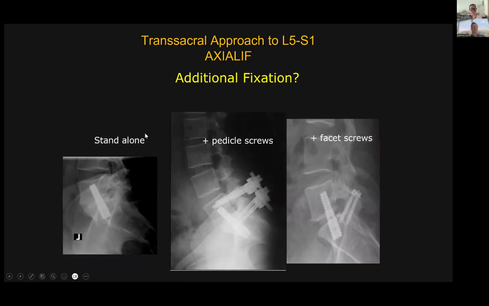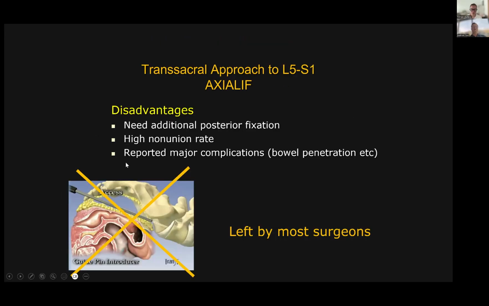However, standalone usage is not recommended, and you must additionally use pedicle screws or facet screws. It needs additional posterior fixation since it has a high non-union rate and reported major complications, exactly bowel penetration. This technique was abandoned by most surgeons, and it has disappeared from current spine surgery practice.